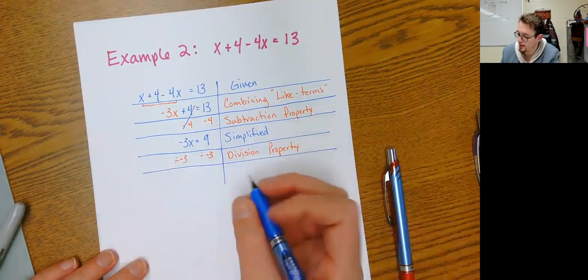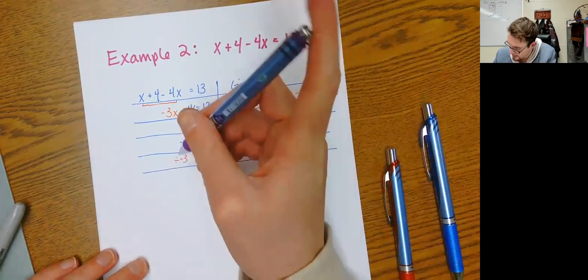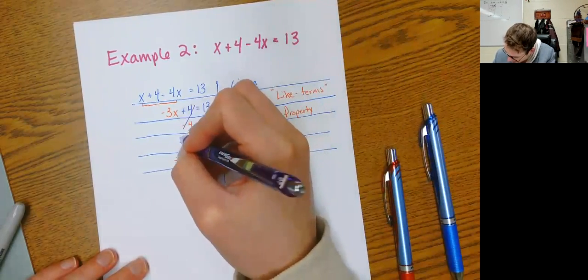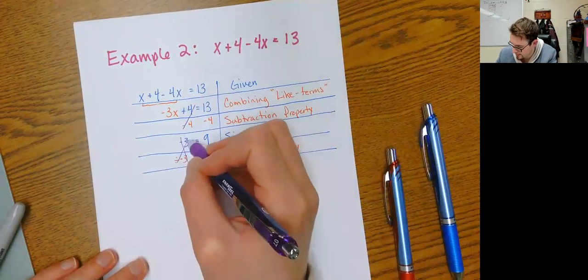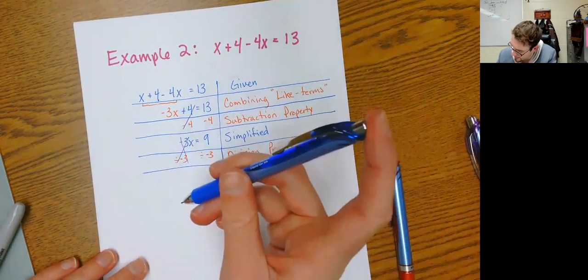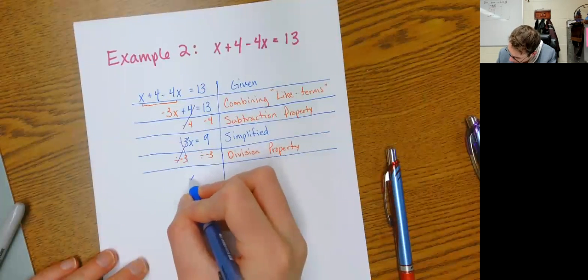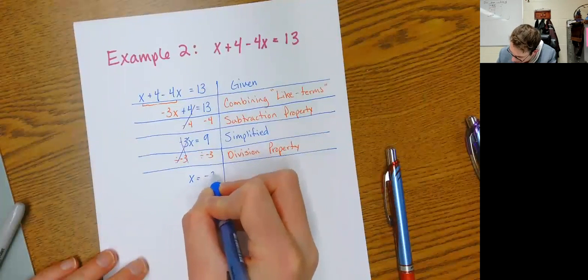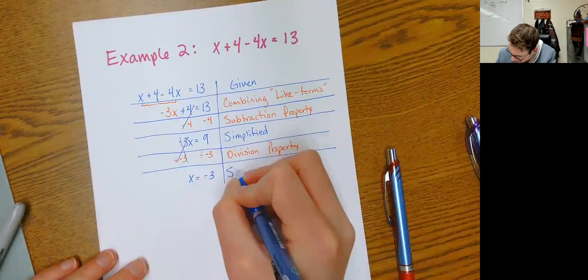And that will leave you with, okay, well, that crosses out. And I'm left with x equals negative 3. And that would be simplified.